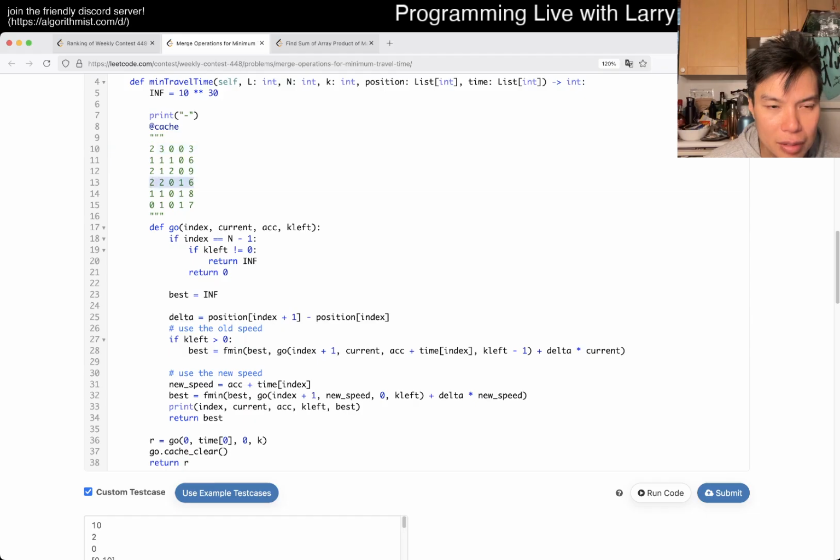Oh, actually, this is more right, right? Except that's one left, so it didn't do any merge. Okay, so if it does a merge, it does it 3. Where does it do the merge? 2.